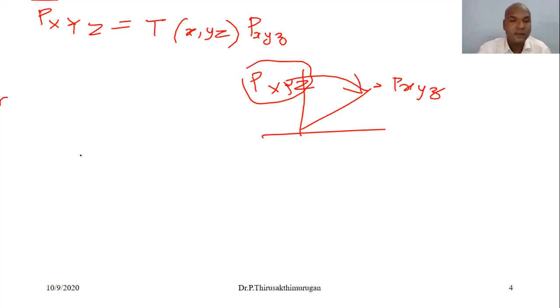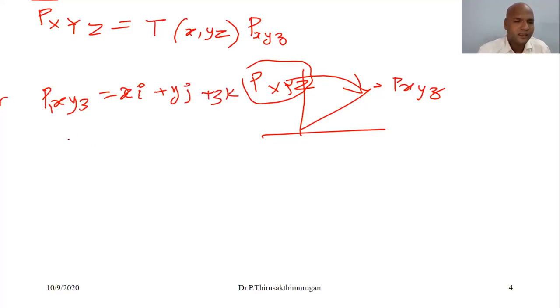Here we consider p x y z in the body frame, p small x y z, which is represented at a point p1. This is p1 of x y z, so it is xi plus yj plus zk.